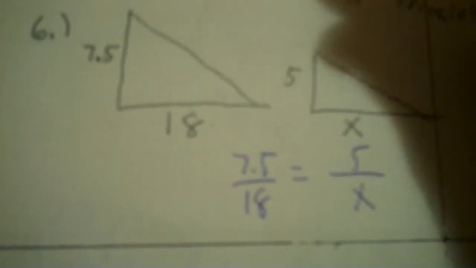You could also go 18 over 7.5, and then it would be x over 5, but it doesn't really matter. So 7.5 times x is equal to 18 times 5, so I find the 18 times 5 product, and then just divide that by 7.5, and I get 12. So x equals 12.